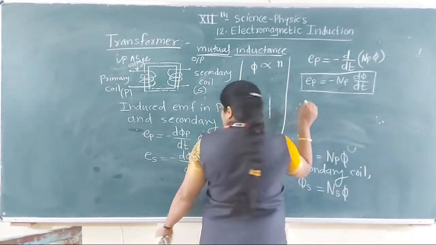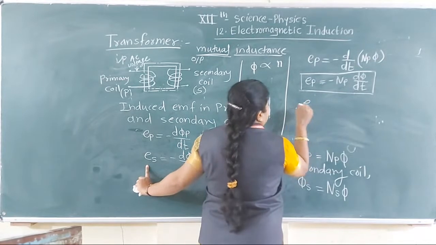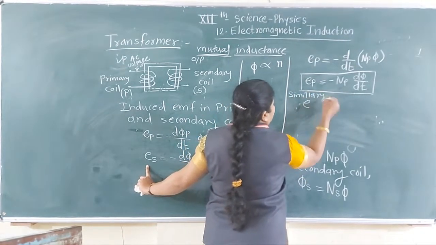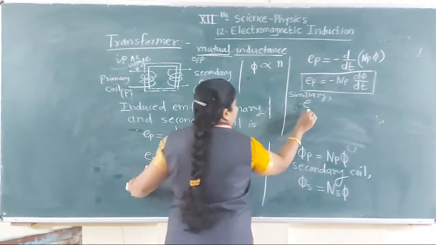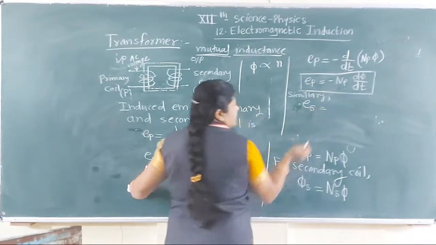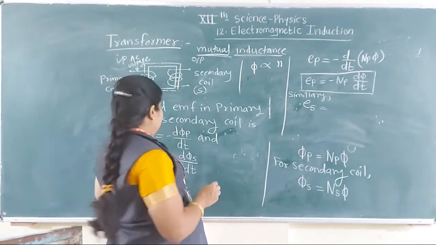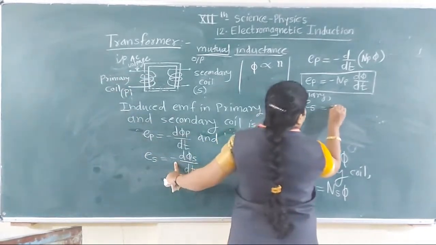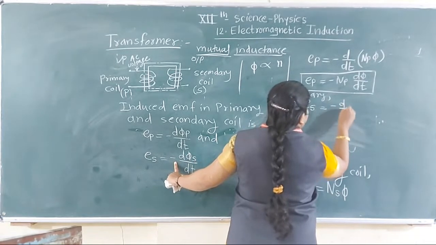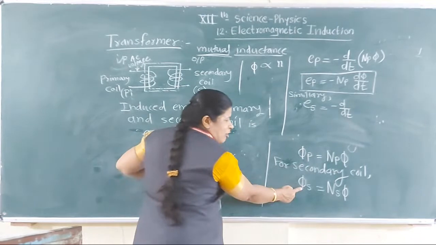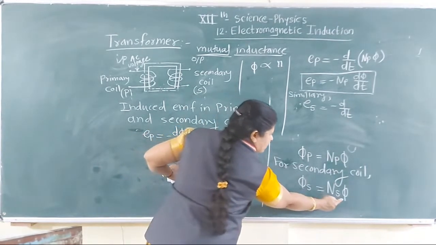Similarly, in the secondary coil, the induced EMF, ES, is equal to minus d by dt of phi s, and we know that the value of phi s is equal to Ns into phi.